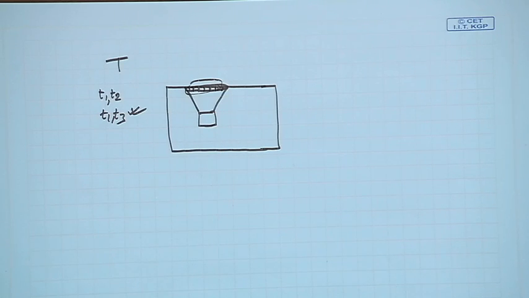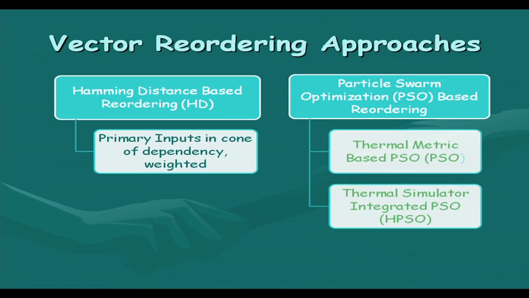So, the power consumption will reduce, and that is expected to reduce the temperature. That is the Hamming distance based approach. We look into the Hamming distance between two successive patterns, and a smaller Hamming distance means less activity.